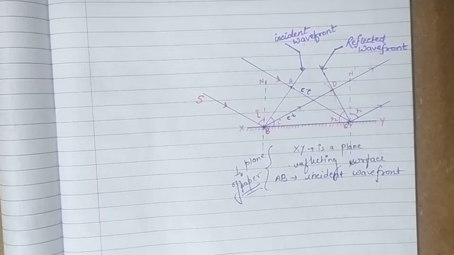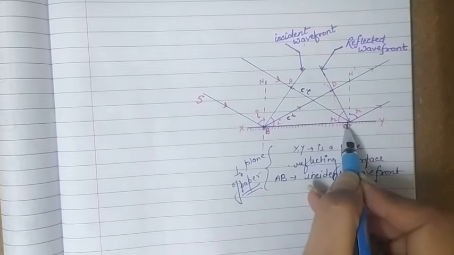Now we want to prove the laws of reflection using all this information. If the angles of incidence and reflection are assumed to be i and r, then in triangle ABC and triangle DCB we can prove congruency.